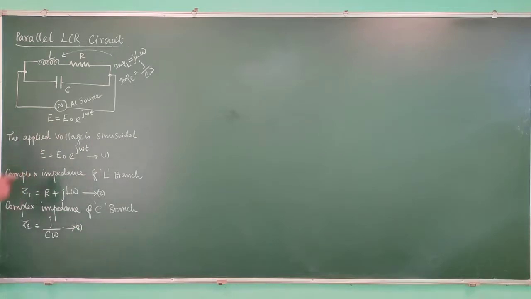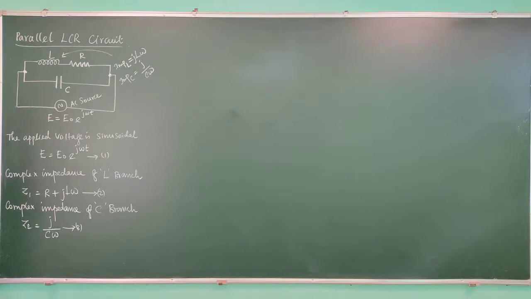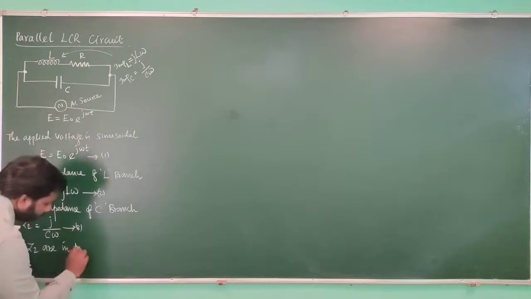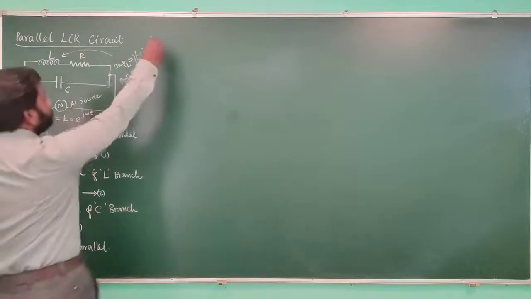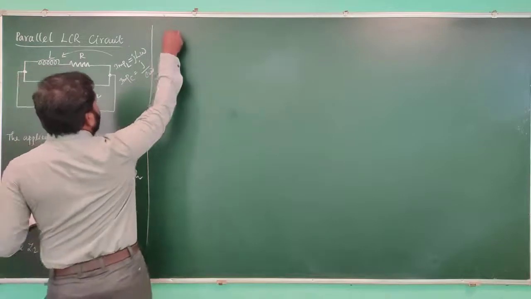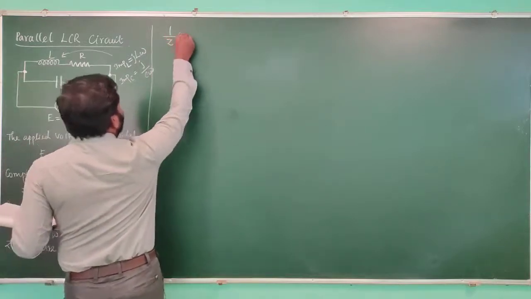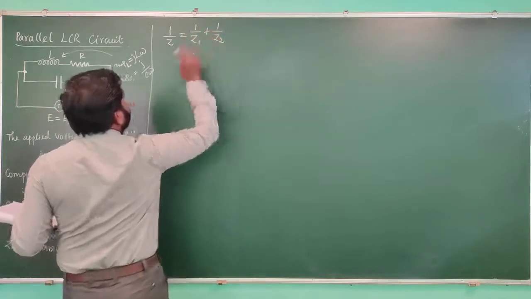Now Z1 and Z2 are in parallel, because the series combination of L and R is parallel with the capacitor C. So we can write the net impedance as 1 by Z equal to 1 by Z1 plus 1 by Z2.